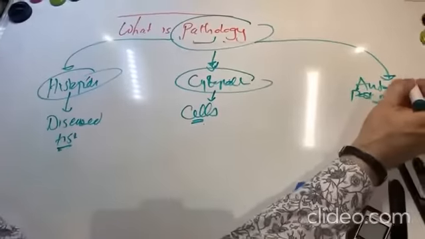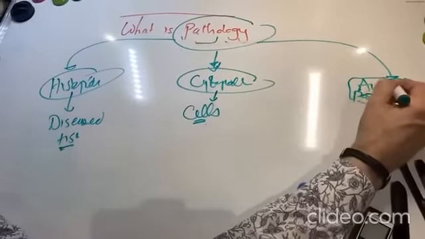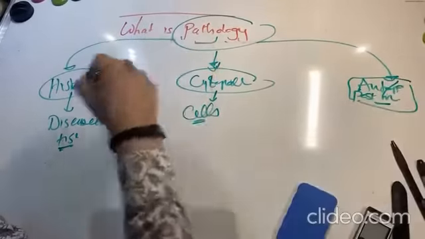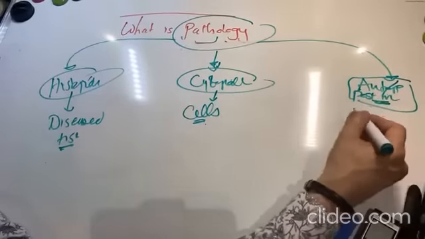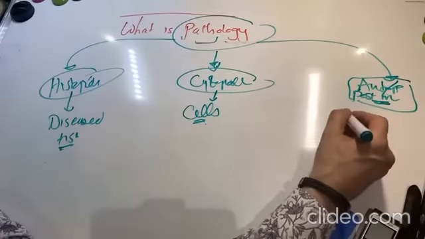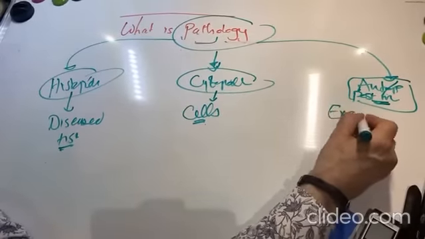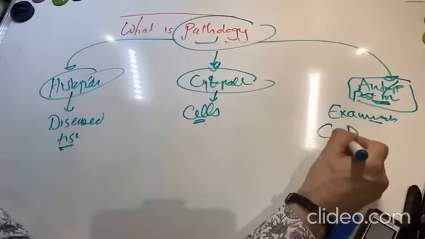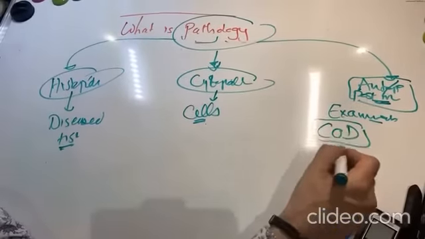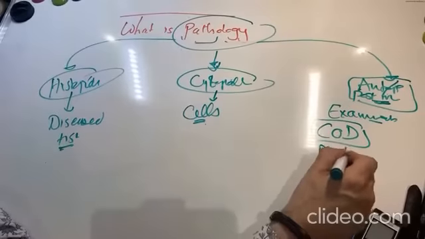The autopsy, I don't like this name because if you compare autopsy with biopsy, they are different. The best name is post-mortem examination: examination of dead bodies to find out the cause of disease, and you should write the death certificate.